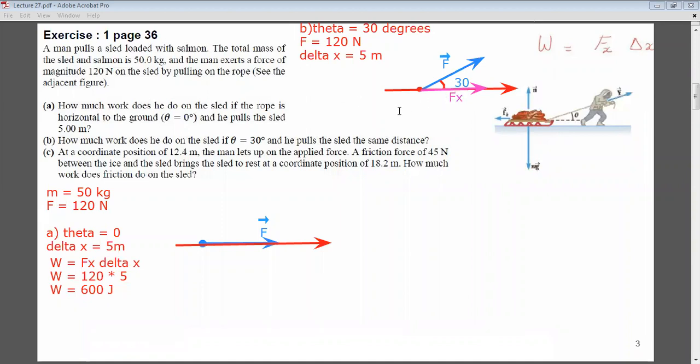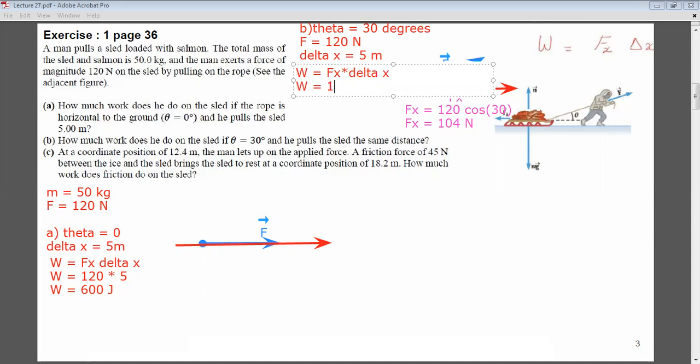So Fx is F cosine 30, where F is 120. So I get Fx equal to 104 Newton. Now I come here and I do the work. Work is Fx times delta x. Work is equal to 104 times delta x, which is 5.